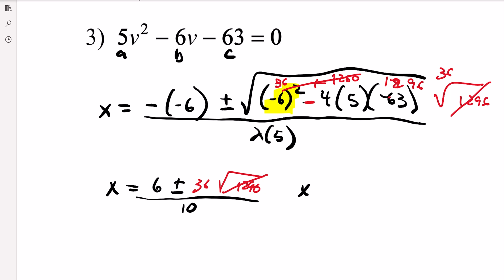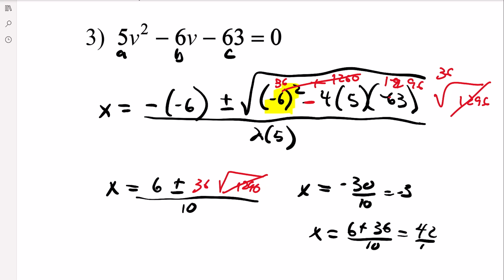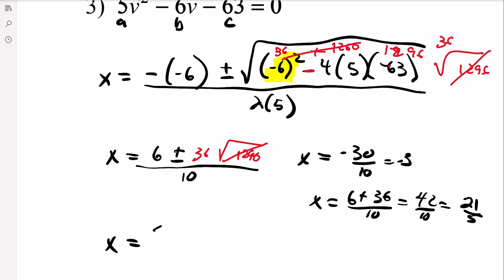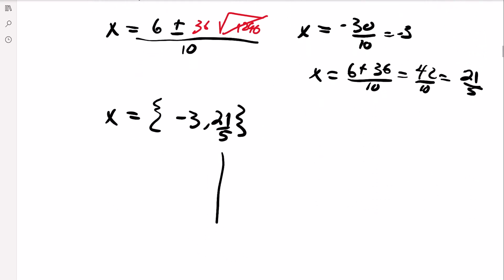So let's see. 6 subtract 36 is negative 30 over 10, which is negative 3. And x is equal to 6 plus 36 divided by 10. That would be 42 over 10. The only thing they have in common is a 2, so that would be 21 over 5. So negative 3 and 21 over 5, and then you graph it. 21 over 5 is just a little bit more than 4.